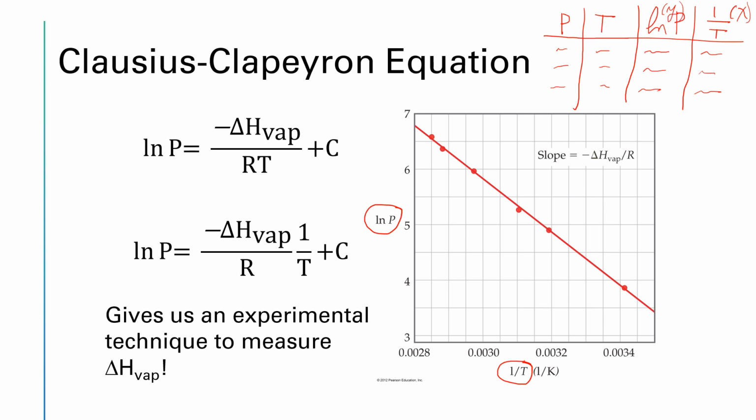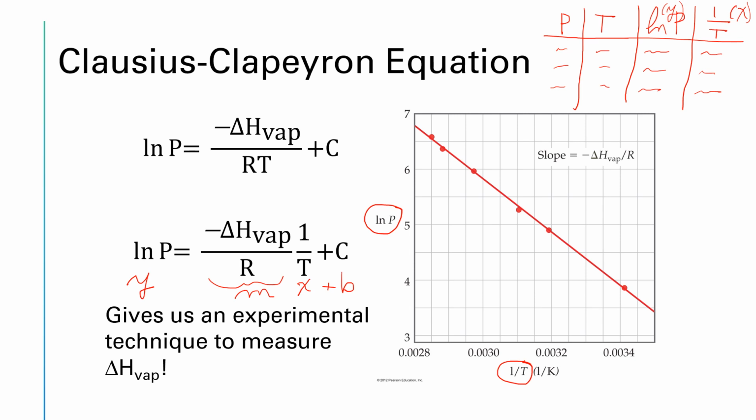And so if we rearrange this curve, or the equation for this line a little bit, we're going to get Y for our natural log of the vapor pressure. X is the 1 over temperature. This whole expression here becomes the slope, and then this constant gives us the y-intercept.